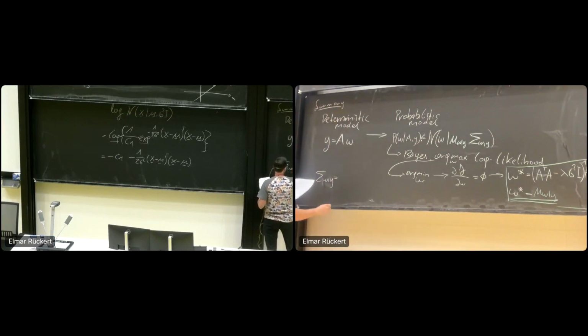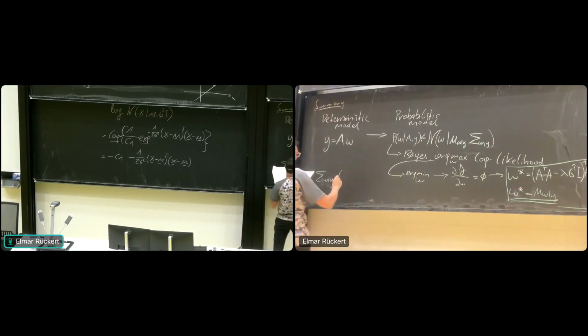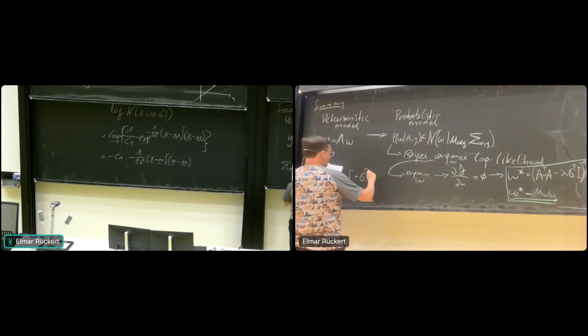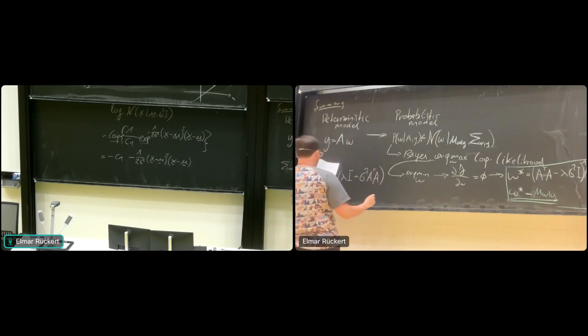So the covariance is given, using our prior definition, one has to say, by lambda times the identity matrix plus our data uncertainty that is transformed using A transpose times A, to the power of -1.